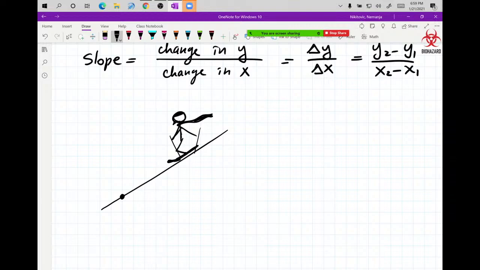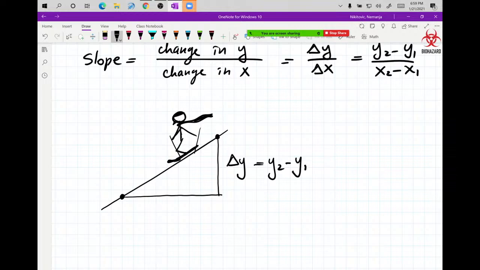So the steepness of this slope is determined by calculating how far you get to go and how much your height gets to change. So this is what is known as delta y, which is the difference in height.